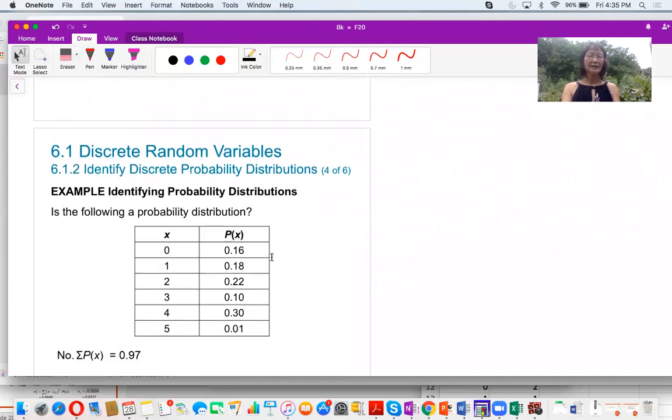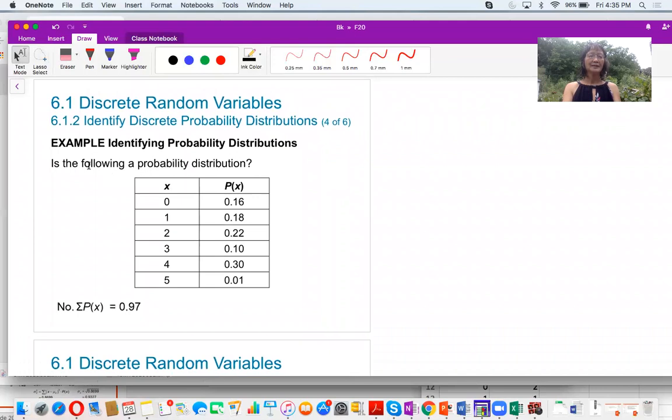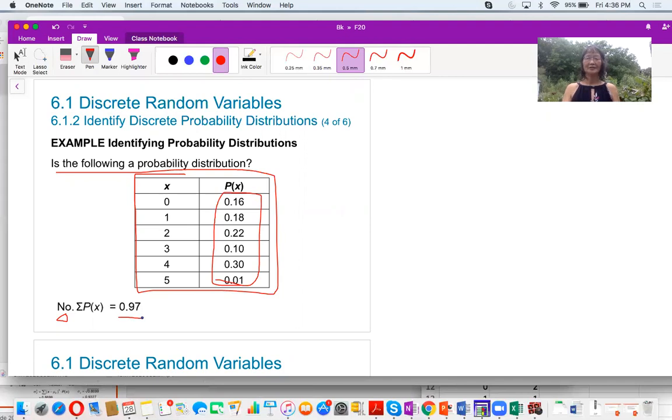Now let's look at another example. Does this table represent a probability distribution table? Okay. The answer is no, because if you add all these values together, you get 0.97.